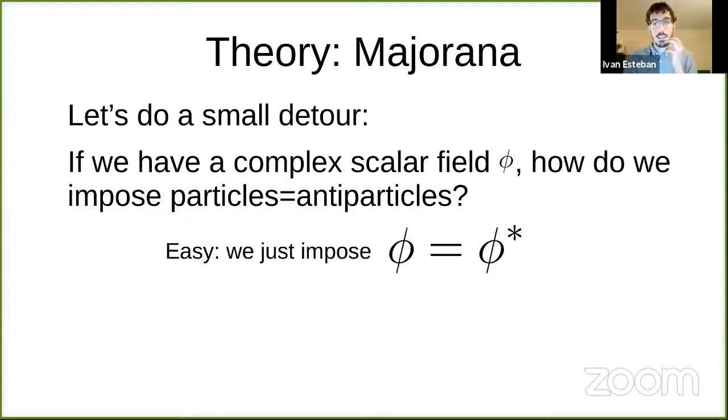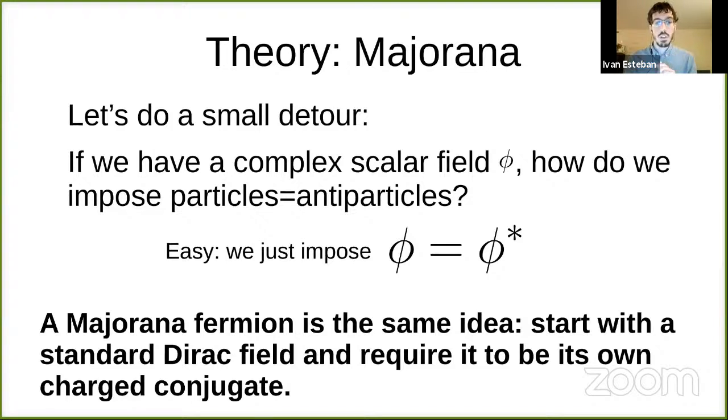So the idea here, and the idea that Majorana had, is let's try and do the same thing for fermions. So the idea is that we will start with a standard Dirac field, and we will require it to be its own charge conjugate. And this will give us fermions that are their own antiparticles.